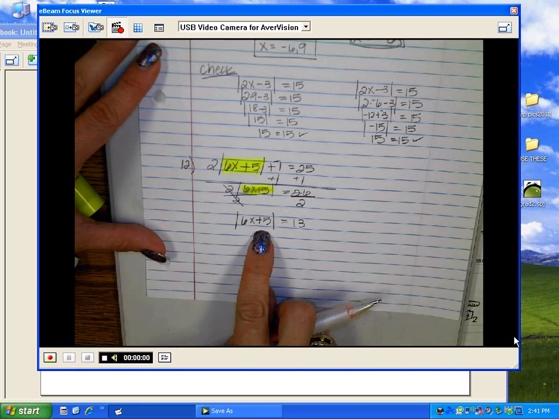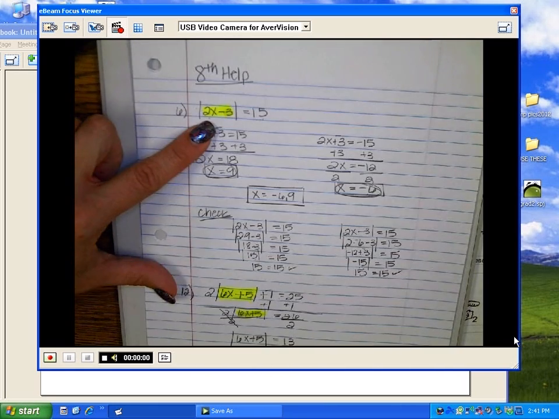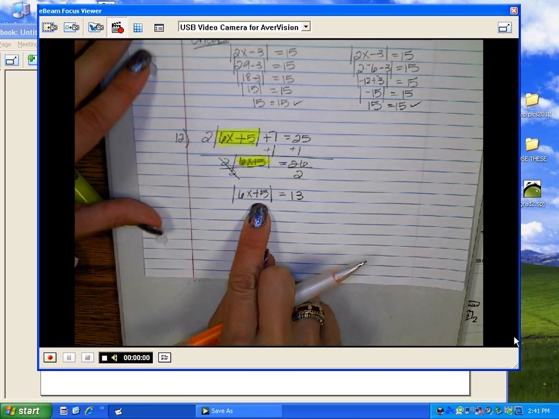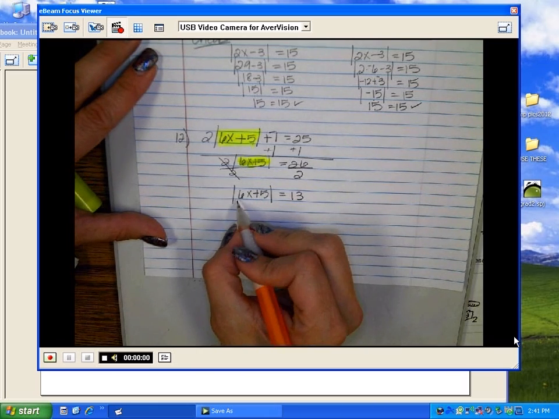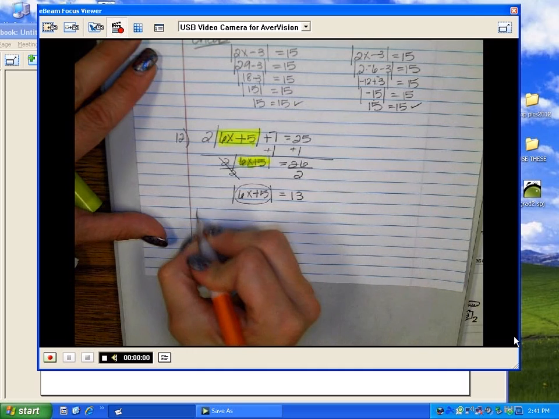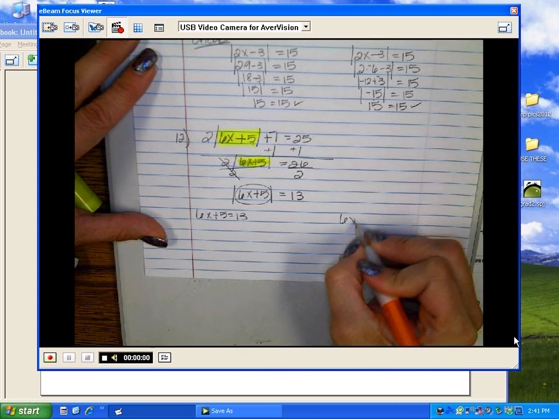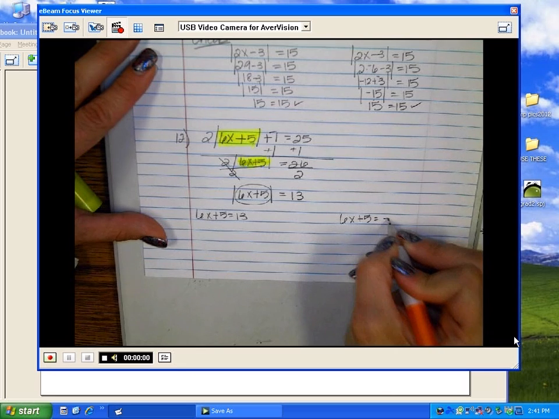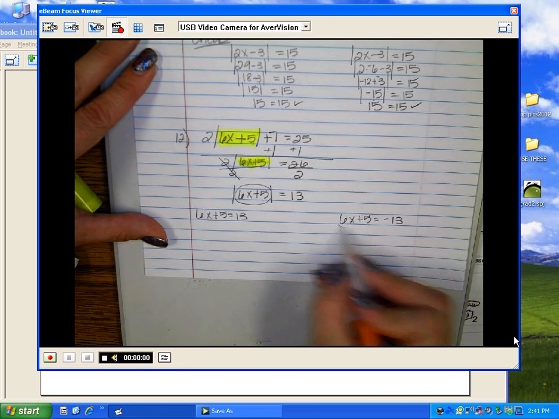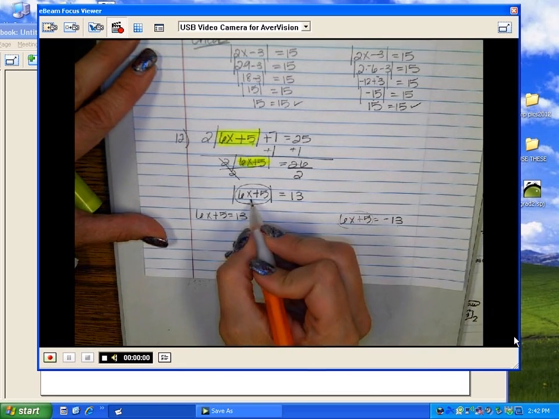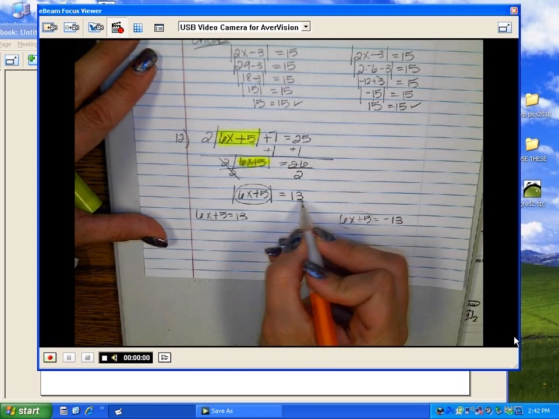And now it looks just like it did when you did the easy problems. So I'm going to take what's on the inside, this thing, and set it equal to the positive, and set it equal to the negative. Because remember, if this thing equals a negative 13, it's inside, and negative 13, the absolute value is 13.